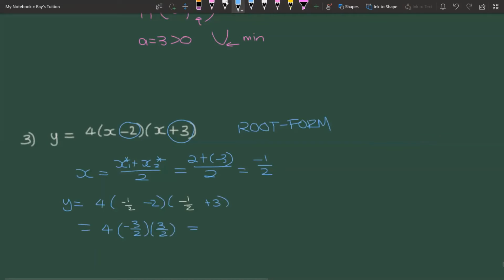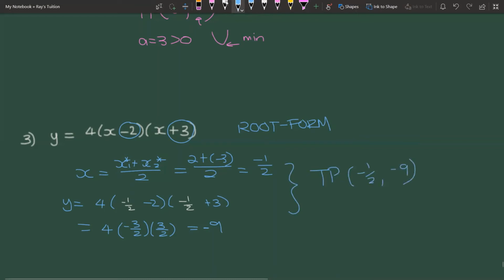So calculating this, we get that the y coordinate is negative 9. So then what is our turning point? Our turning point is negative a half and negative 9.